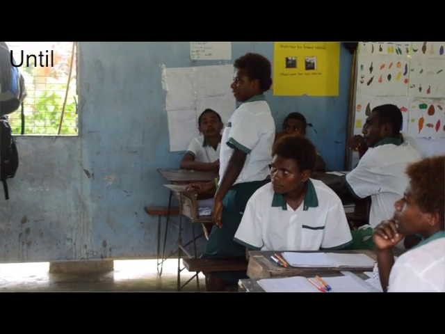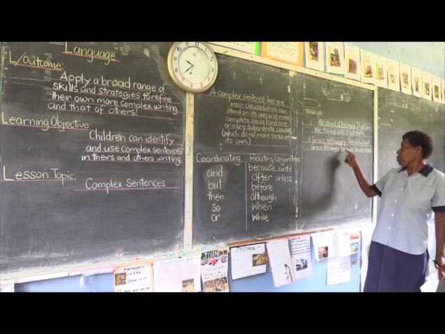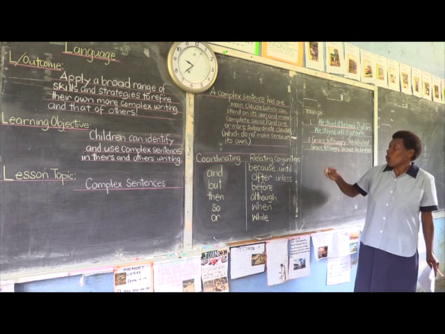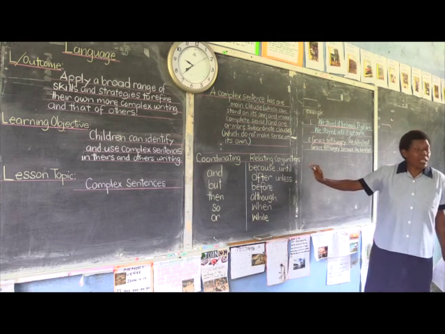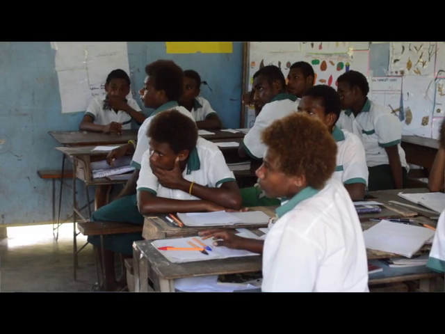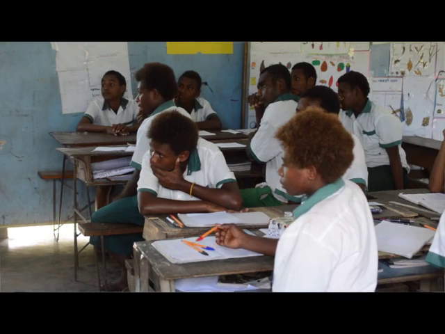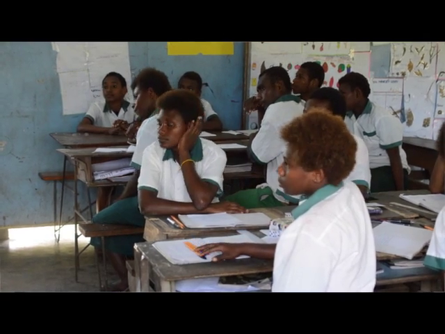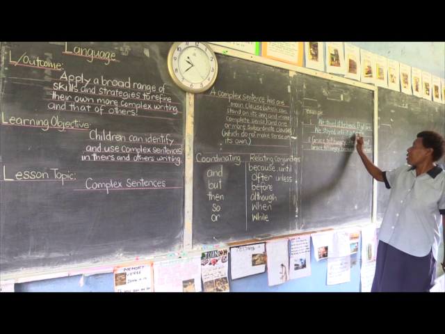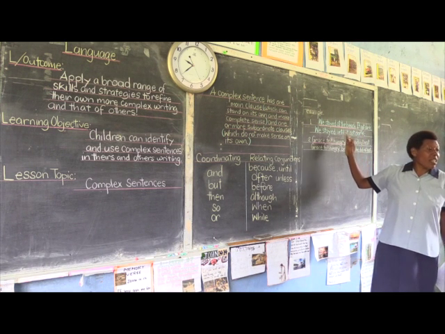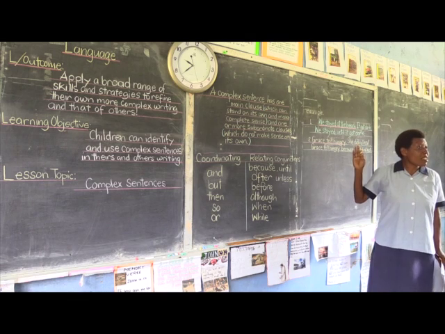Until. Very good. So the word until, the relating conjunction, has related the main clause to the subordinate clause. We stayed until it got dark. And this is a complex sentence.